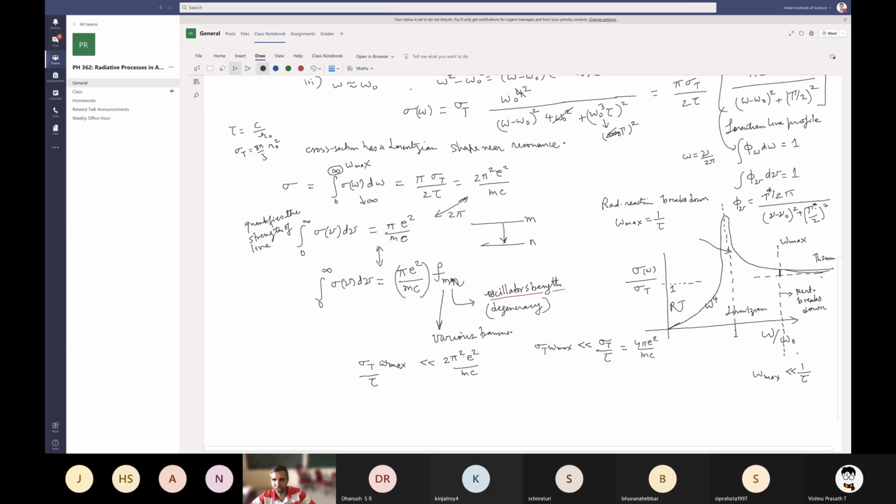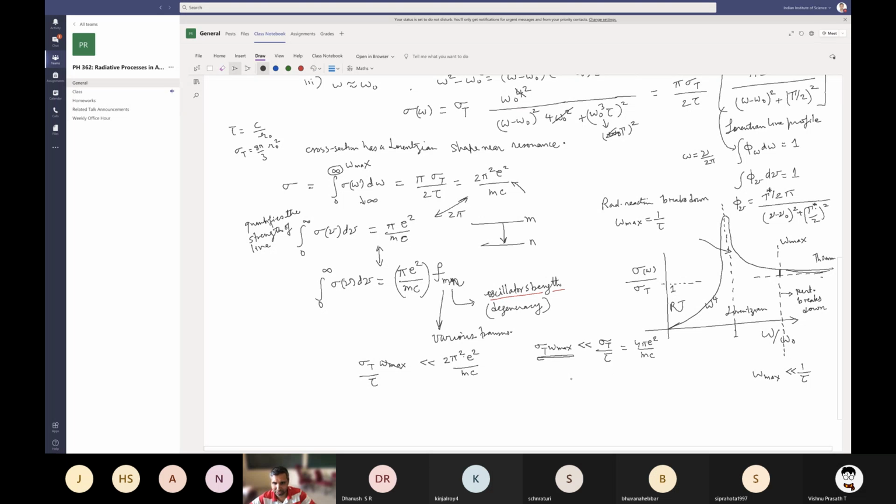So what I argued was that this is basically the area under the curve till omega max. This is much less than this guy. This is what I have to argue. Well, I did not really derive it, I just motivated it, but it will actually be good to check that this indeed comes out to be true.